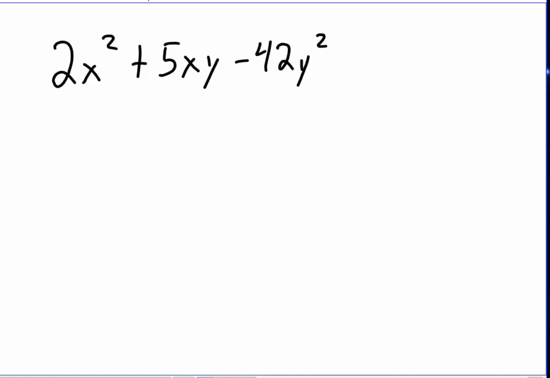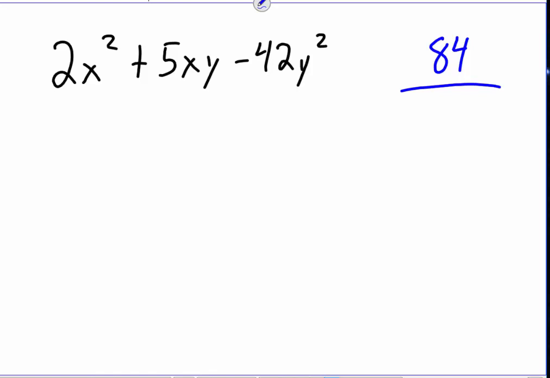So, again, we have to treat this just like we did the other problems, generic rectangle or the Australian method, whichever you prefer. So I'm going to come over here and I go, okay, 2 times 42 is 84. And I have to find all the factors of 84, and eventually I need to get a 5 out of it.